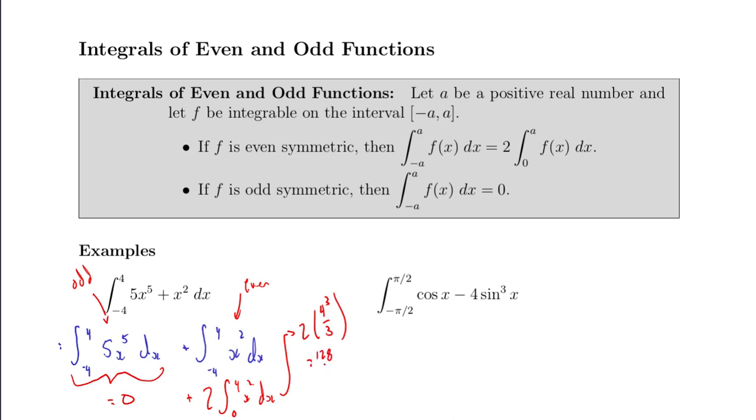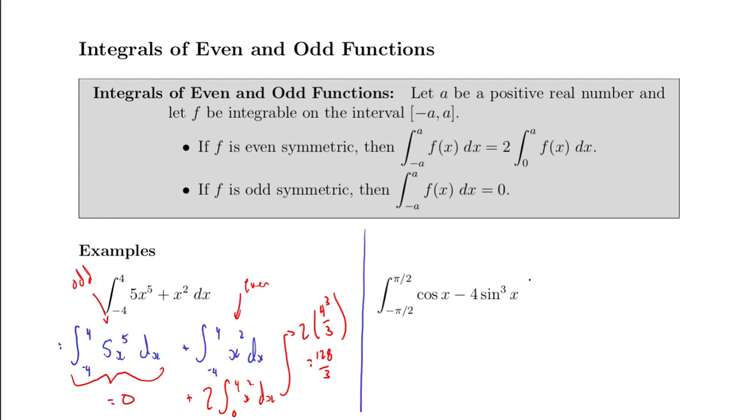What's that, 128 over 3? I just shortened down the amount of arithmetic I had to do here. Sometimes that's helpful, sometimes not, but in some applications it's really useful to be able to do something like this, and you'll see that later on. We can do the same kind of thing with this second example. We can break this up into 2 integrals.